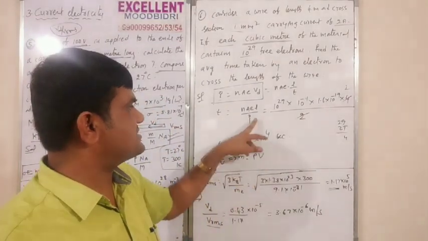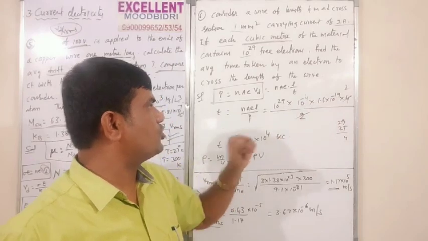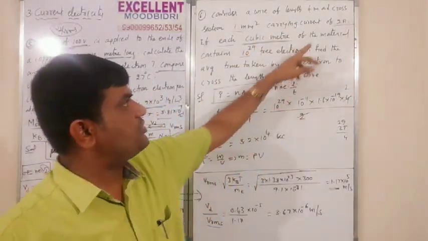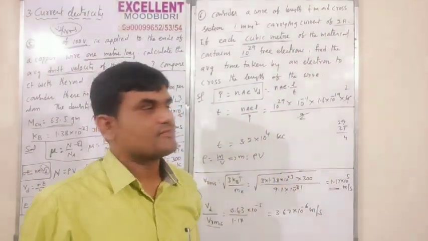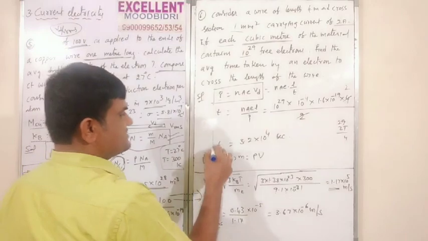Right? Then next. So e is equal to 1.6 into 10 power minus 19 coulombs. l is equal to how many meters? 4 meters. And I is equal to 2 amperes. Now do the calculation. If you do the calculation, you will get the answer.